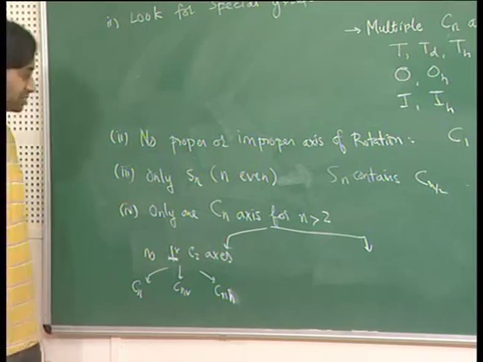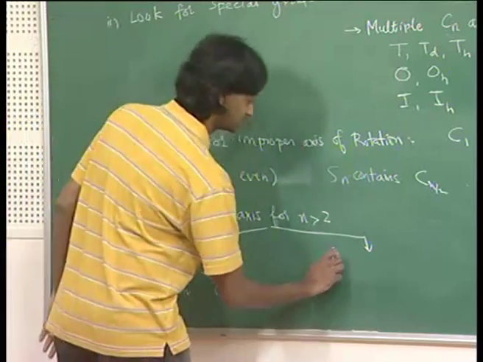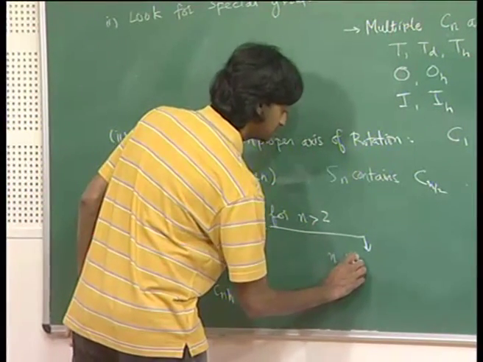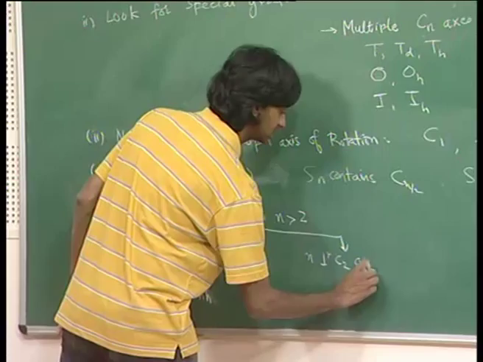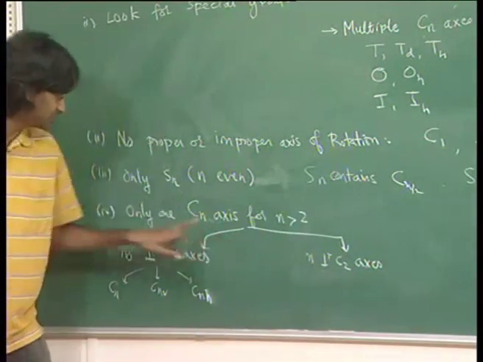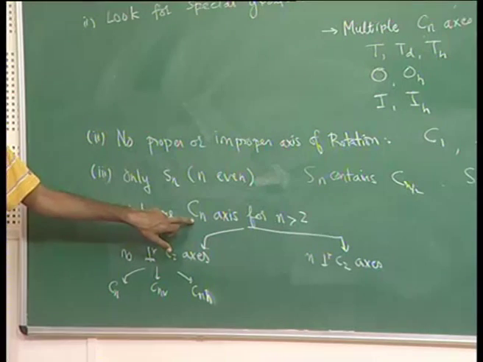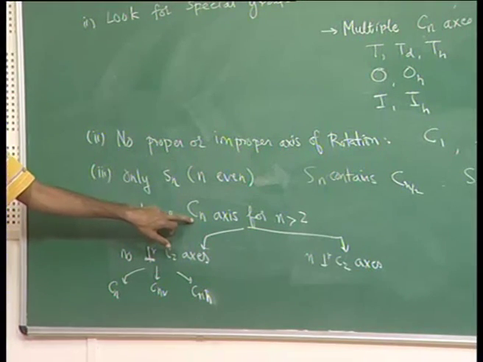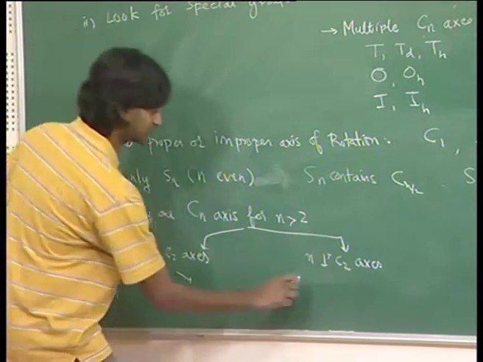Now, the other case is if we have perpendicular C2 axes, that is n C2 axes that are perpendicular to the Cn axis. Then you can have three cases.